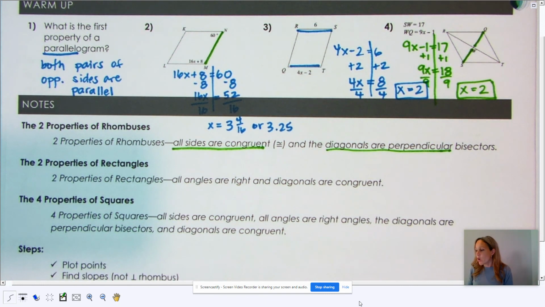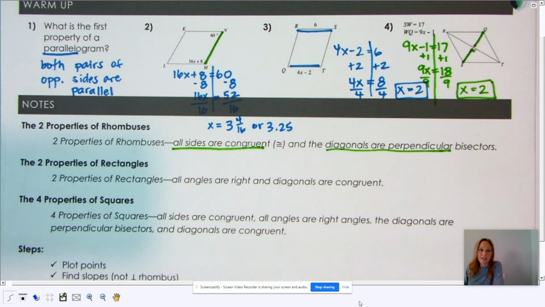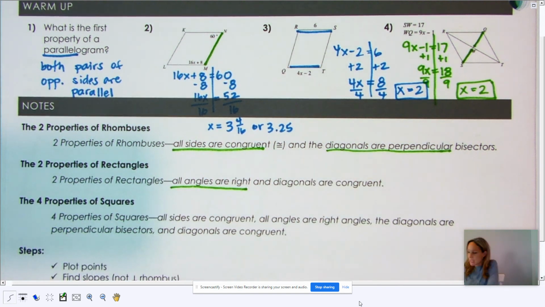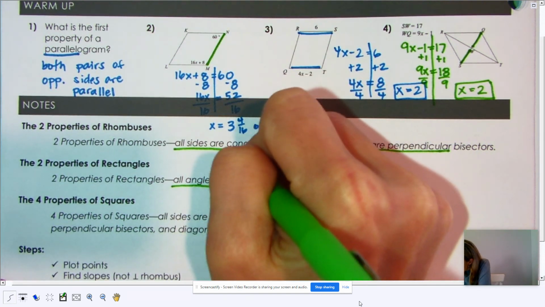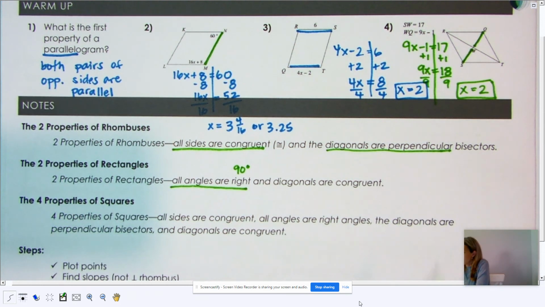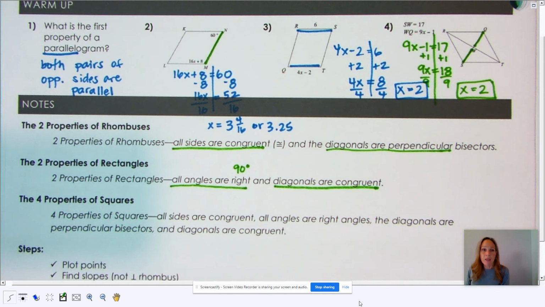A rectangle has all of the angles congruent. If they have to add up to 360 and they're all the same, divide by 4, you get 90 degrees. So all the angles are congruent and they all happen to be 90 degrees. And instead of the diagonals being perpendicular, the diagonals are actually congruent to each other this time.